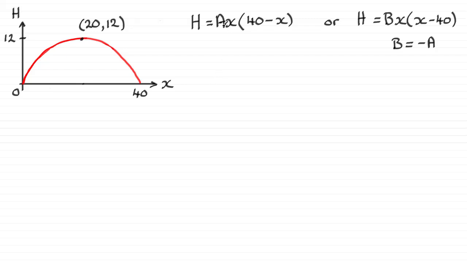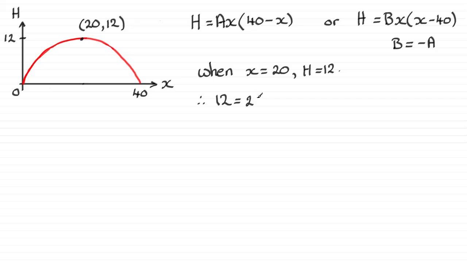Now, we've got to establish what that constant a is. It's easily done because all we need to do is substitute when x equals 20. We know that maximum height h equals 12. If we substitute it in here, then we have that 12 equals a times 20.